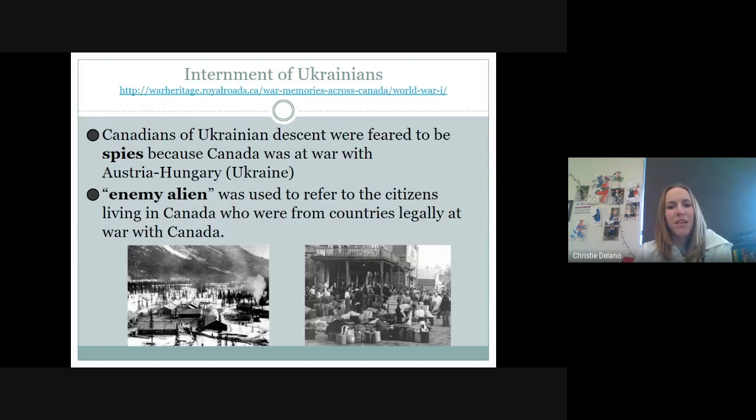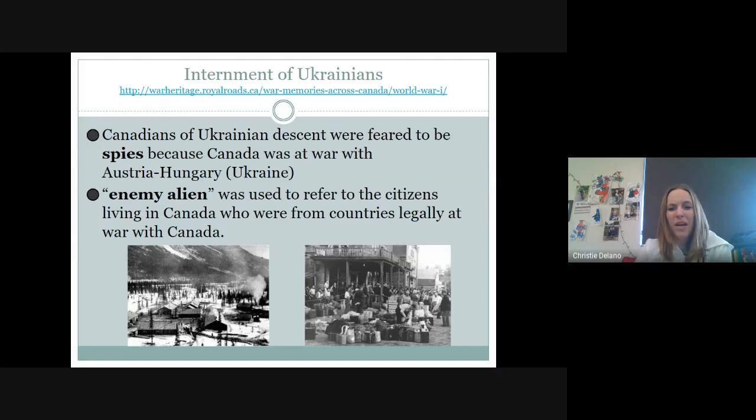But the Canadian government basically determined that they were enemy aliens because they were citizens living in Canada from countries, although many were Canadian citizens, they were from countries that were legally at war with us. Therefore, they were considered enemies and potentially even spies.